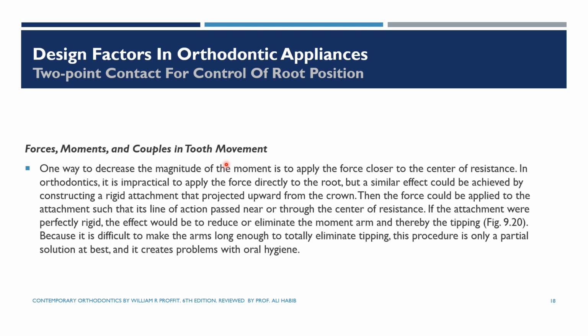Another way to decrease the magnitude of the moment is to apply the force at the center of resistance. If we apply the force at the center of resistance, then we expect the tooth to move bodily, which is difficult because we don't have access to the center of resistance.